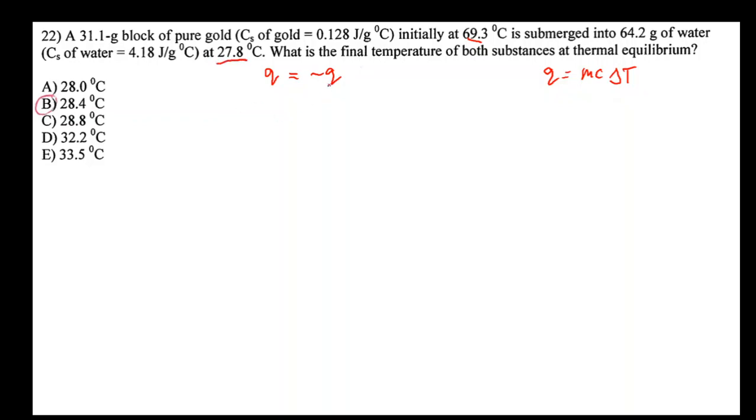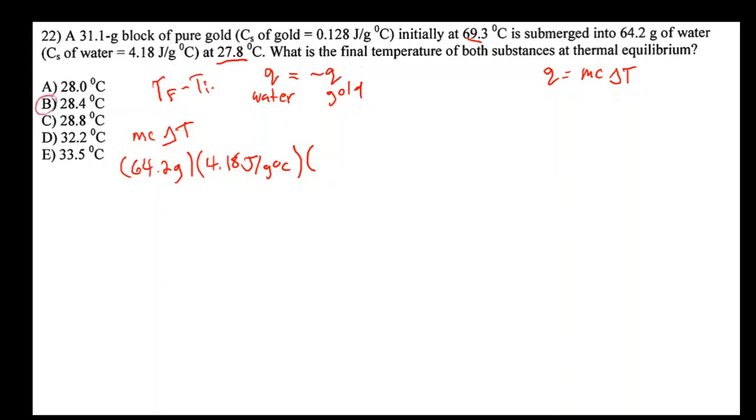So the hot object is the negative Q, so this would be gold. And then our water is going to be our positive Q. Then we want to sub in MC delta T for each of the respective materials. So MC delta T of the water: they gave us the mass of the water in the question as 64.2 grams, times the specific heat capacity of water, which is 4.18 joules per gram degrees Celsius, times delta T. Remember delta T is TF, our final temperature, minus our initial temperature.